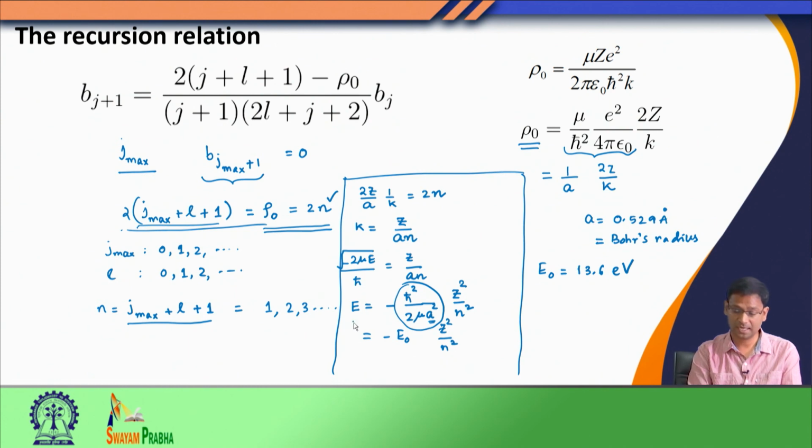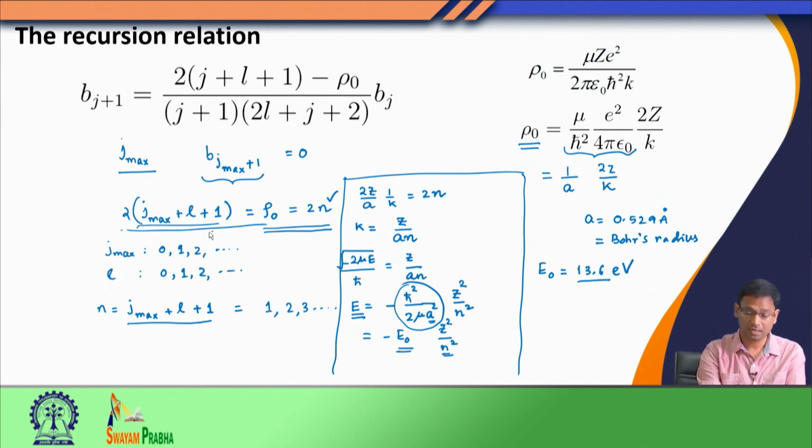Now, what I see is that I have these energy values of the hydrogen atom, which is equal to minus E0, which is a constant here, multiplied by Z square. Z is the nuclear charge. In case of hydrogen atom, it is 1, and divided by n square. What is this n now?